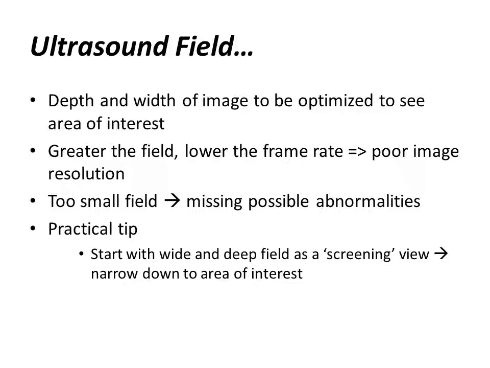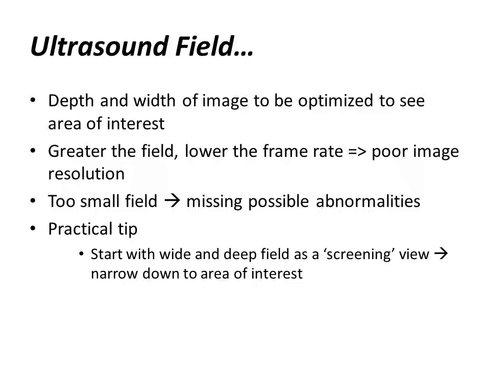Having said that, if you keep the field too small, as in if your sector width is too narrow, then you may not be able to see enough of the heart that you really want to see. If your depth is too small, then you may not be able to see the deeper structures. Again, this varies somewhat with the window or the view that you're looking at, but the principle is to make sure that you see enough, but do not increase the depth too much.